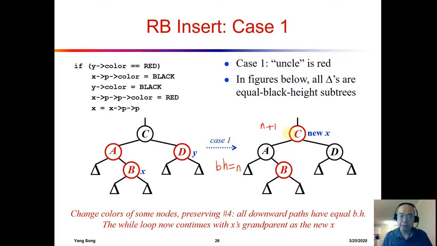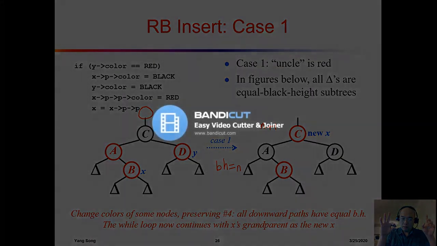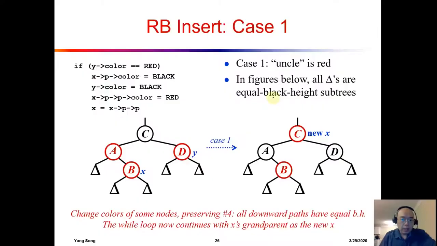we finish. However, this may just be a subtree, right? So how about if we have even more nodes up? If we have a black node here, then in this case, after recoloring this tree, nothing is broken, right?